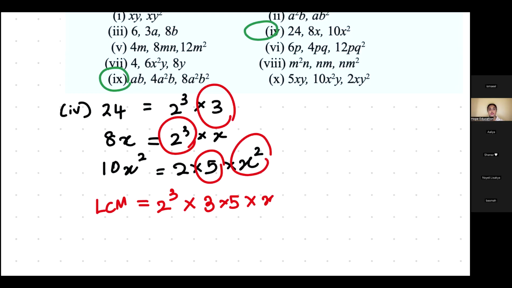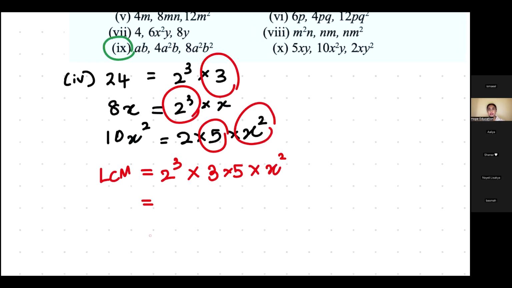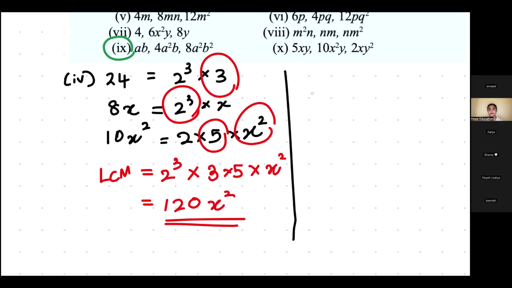So 2 to the power 3 is 8, 2 times 2 times 2 is 8. 8 times 3 is 24. 24 times 5 is 120. So we have 120x squared. Did you all get this answer? Yes, miss. Okay, great.